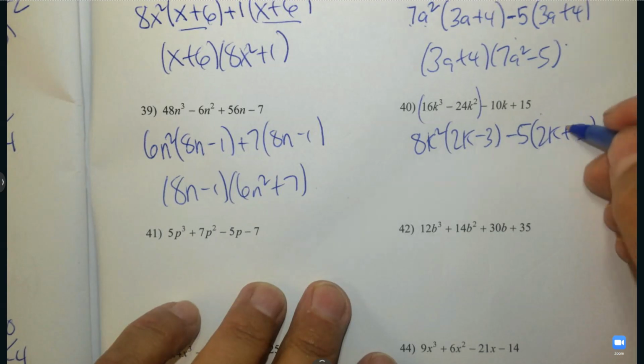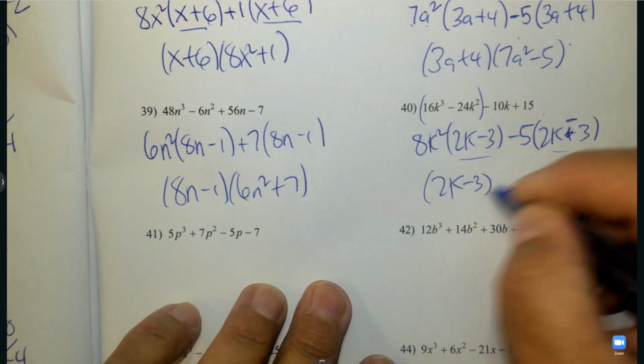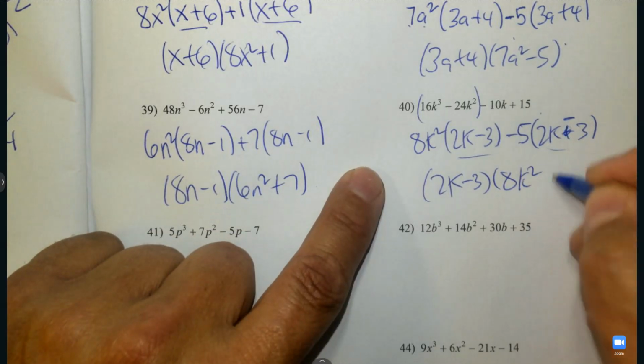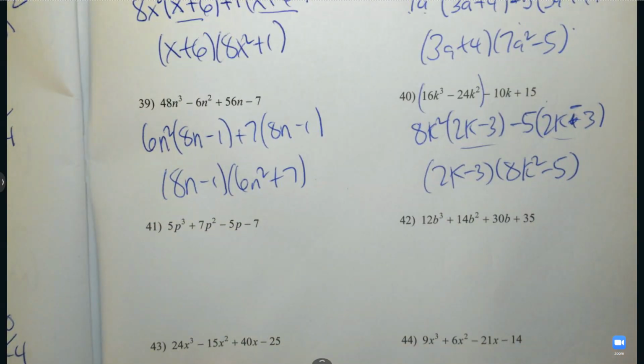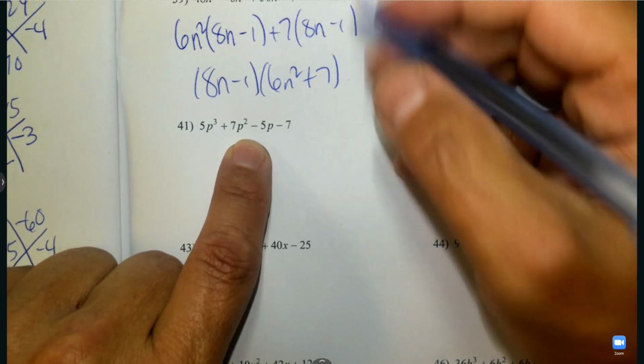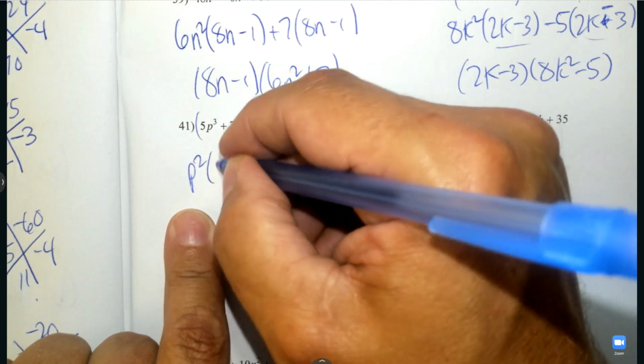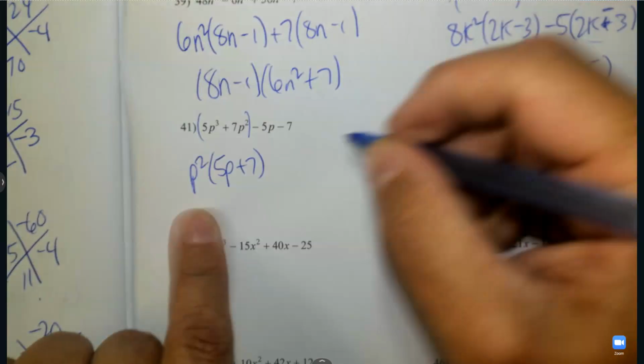Notice, what did I do here? This is a minus 3. Notice these both match. 2k, subtract 3, and then what's in front of each parentheses is the second factor. Again, press pause. You have to do it on your own first. So the first 2, only p, 1p squared, divide, gives me 5p plus 7.